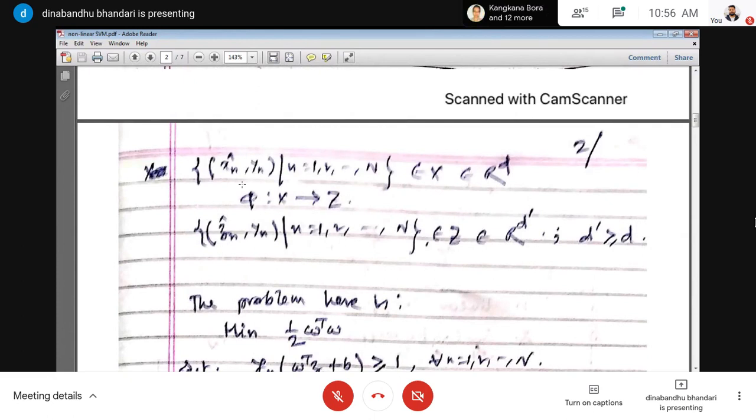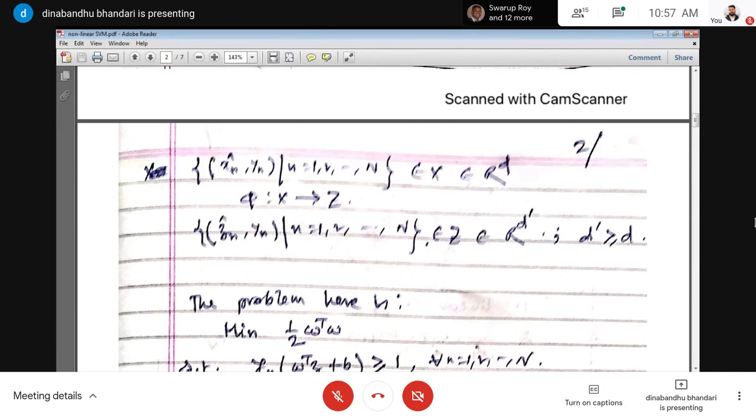What is the problem now? We have these points in input space, xn, yn, and xn belongs to R^d, d dimensions. In this particular space, the data is not linearly separable. Now we are mapping these data points to another space called Z, which is of d dash dimension, using this function phi.